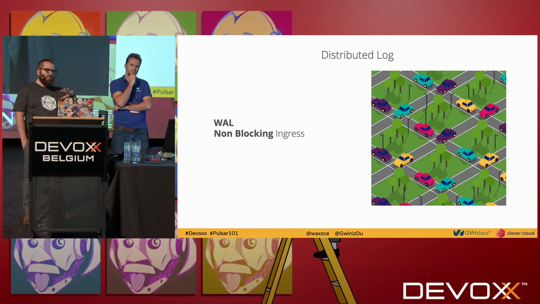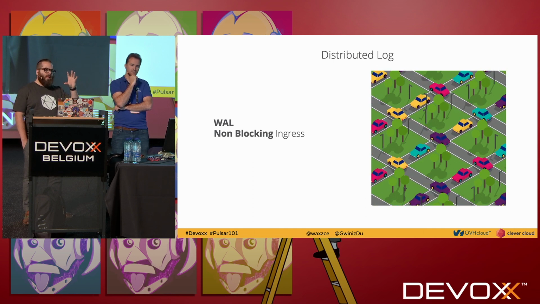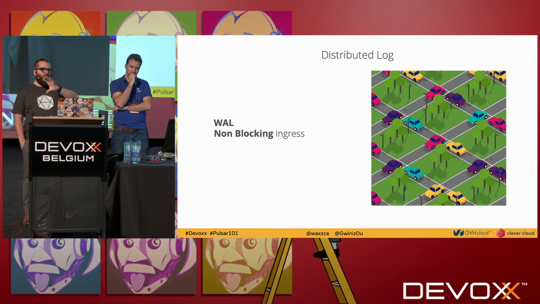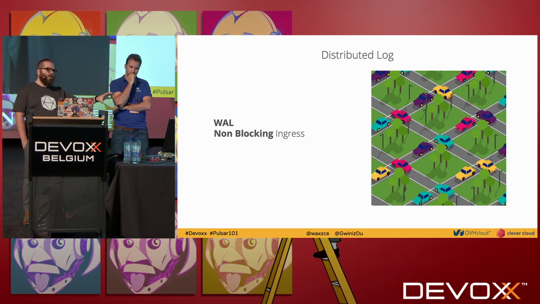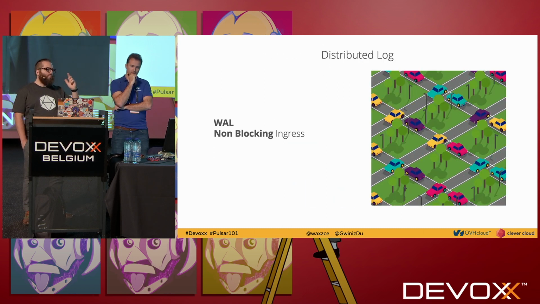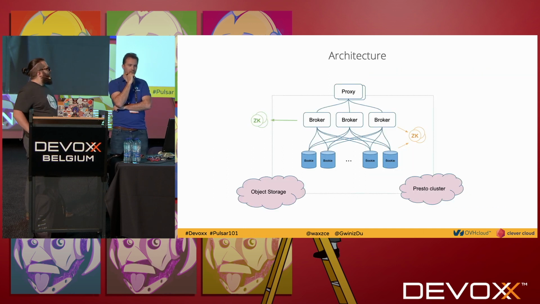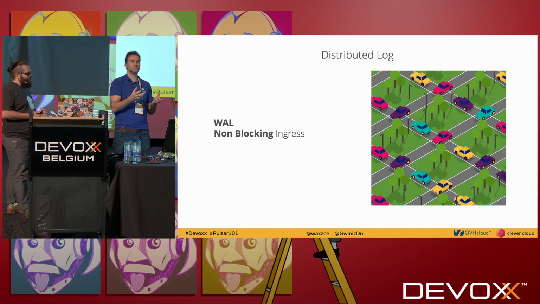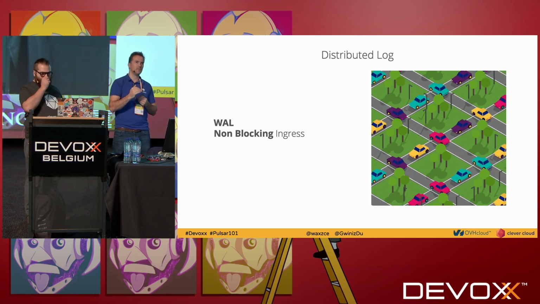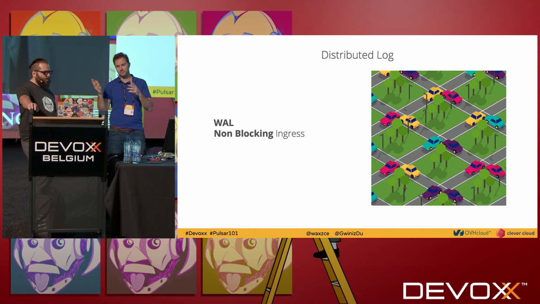I don't know if I am clear there, but it's very important to understand that if you write a lot in a topic, you will not block another topic, and you will not block the reading of another topic due to this architecture. We will maybe have more discussion about the reading pace later. Yeah, sure. And since it's a distributed world, you have this constraint to be very low latency. And we will see that Pulsar can bring you I/O isolation, but it's another slide.